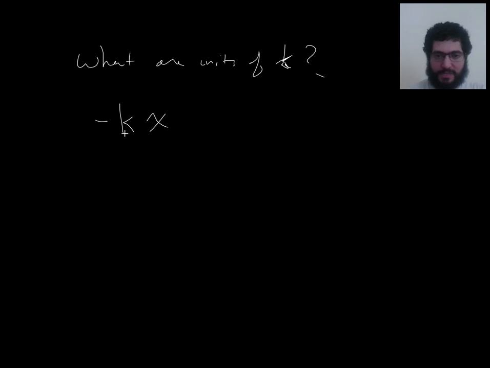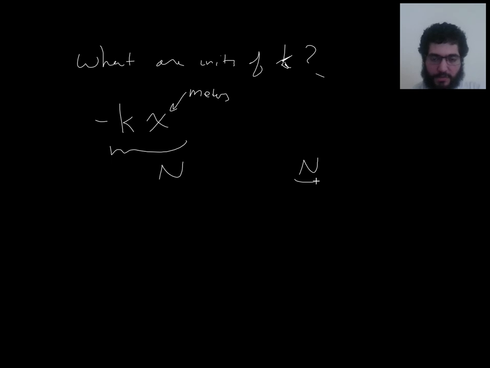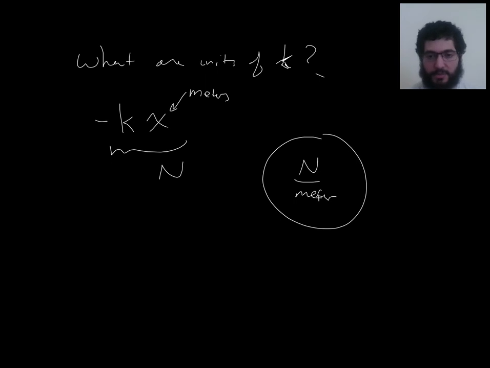The restoring force is negative k times the displacement from equilibrium. So this has units of force. So if you're using standard units, the favorite units in physics courses, it would be newtons. And if x has units of meters, say, then k would have units of newtons per meter. So that would be the units of k. Units of force per units of distance.